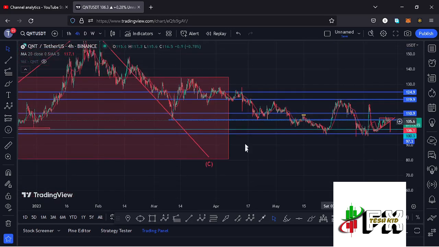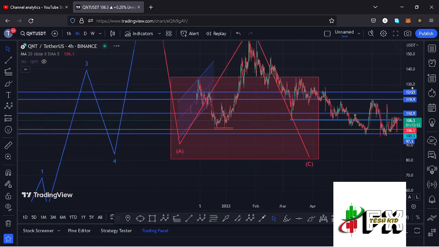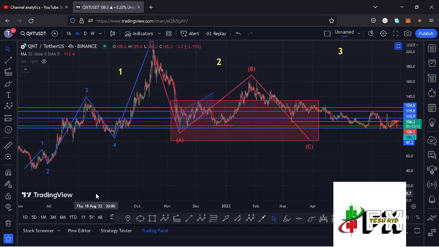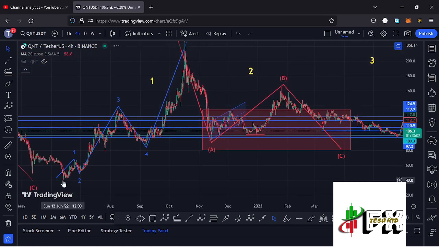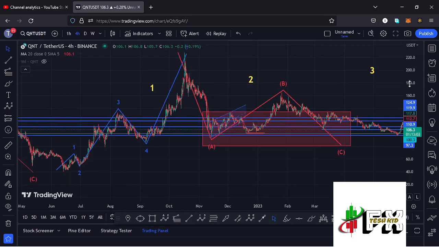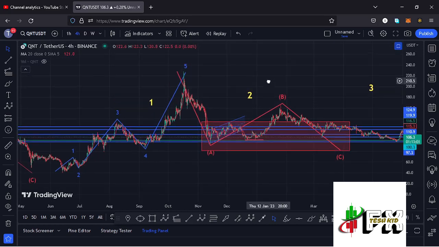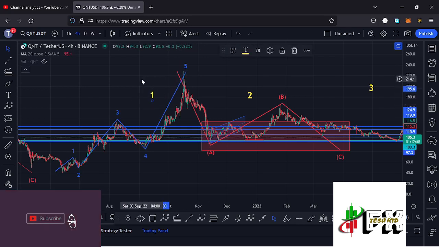And zooming out on the charts to give you my Elliott wave analysis, you can see that Quant gave us a bear market low at around the $40.1 mark. Afterwards, we started a very nice recovery to the upside, where we now have a 5-wave structure in formation, having the wave 5 giving us a high at around the $229 mark, completing the formation of this larger Elliott wave count 1.